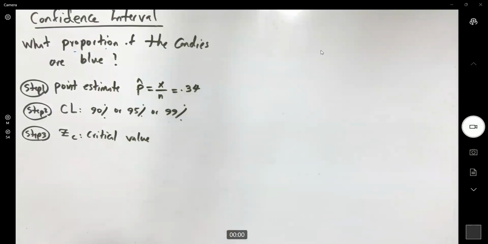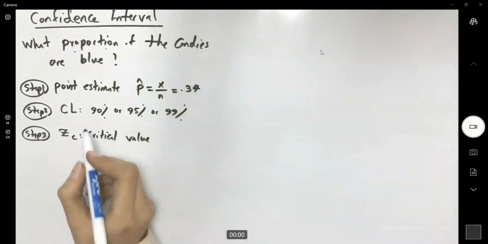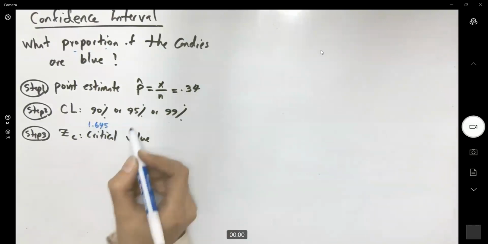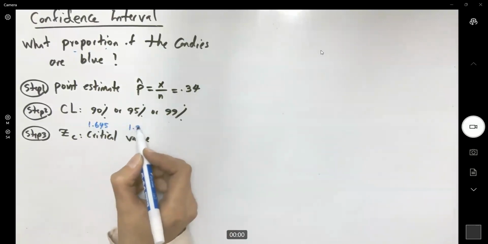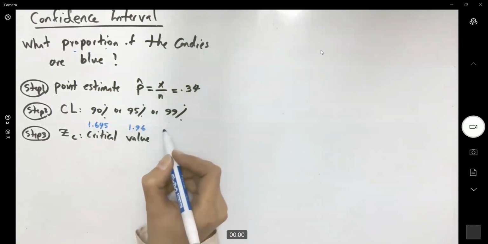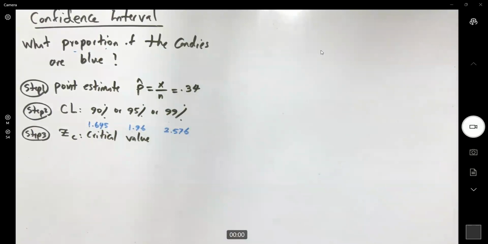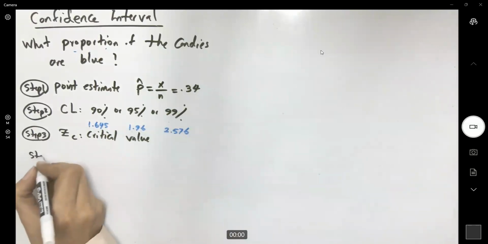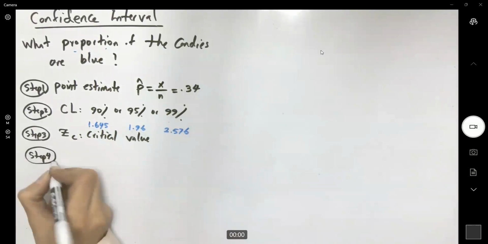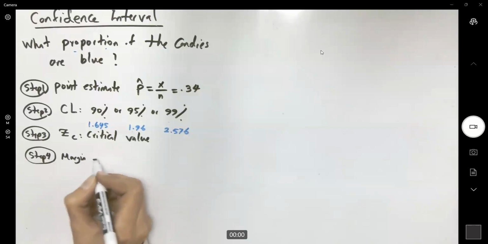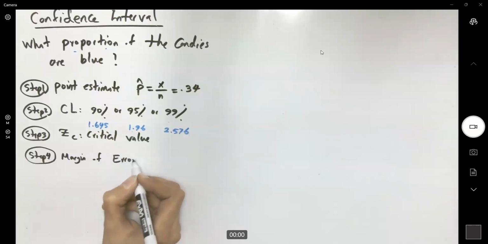Remember that based on our calculation, the critical value for 90% is 1.645, for 95%, 1.96, for 99%, 2.576. In the fourth step, we need to find the margin of error.